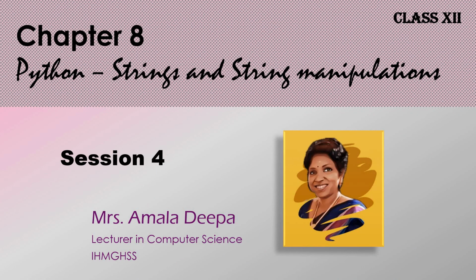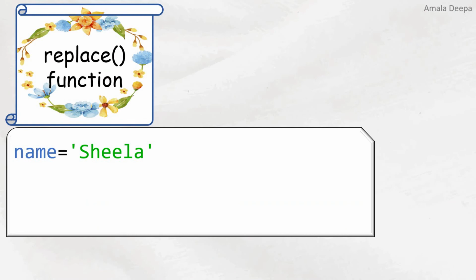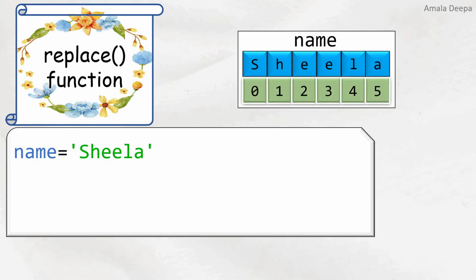First, I will teach you the replace function. Look at this example. Name is equal to Sheila. Now, suppose I want the output as Leela by using the replace function.